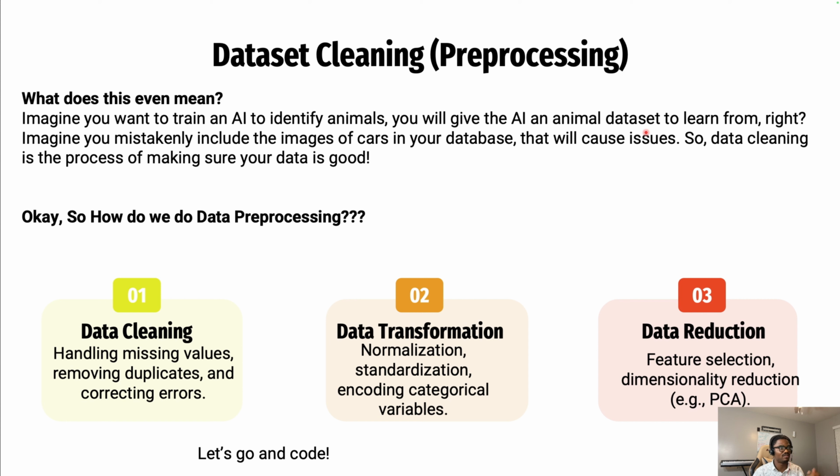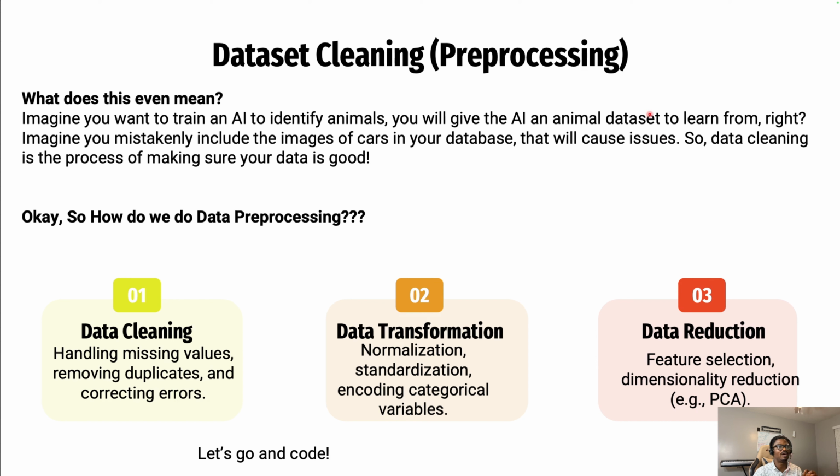Now imagine you mistakenly include images of cars in your data set. That will cause issues, because you want to train your AI to identify animals, and by mistake you added images of cars. So data cleaning or data pre-processing is to make sure that you don't have that error.